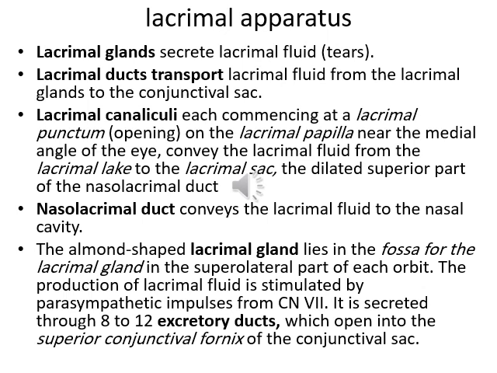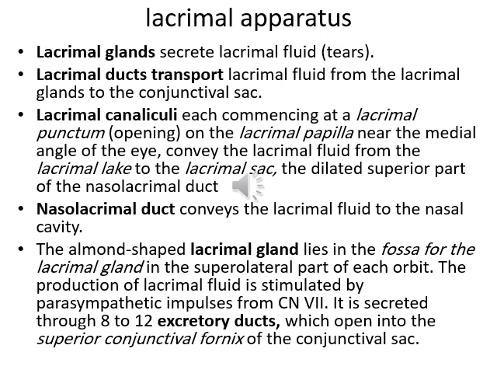Then the canaliculi will open in the lacrimal sac. The lacrimal sac, as we said, sits in a specialized fossa on the medial orbital wall. The nasolacrimal duct will drain from the lacrimal sac into the nose. So this is the lacrimal drainage system: puncti, canaliculi, lacrimal sac, nasolacrimal duct, and the nose.